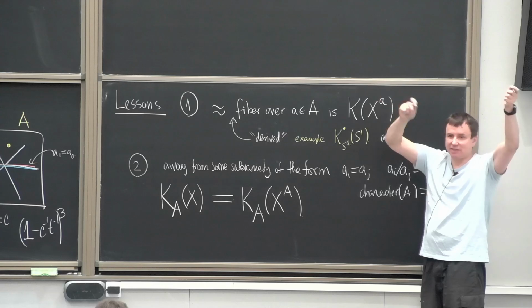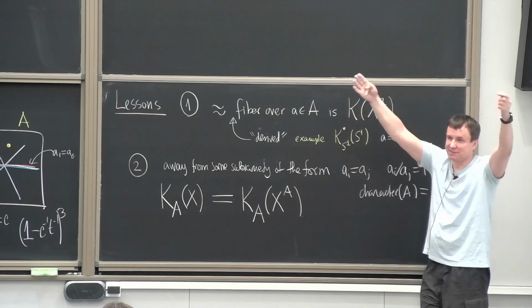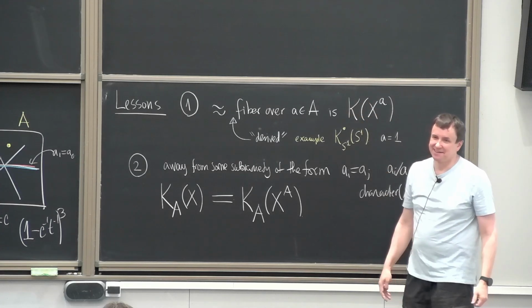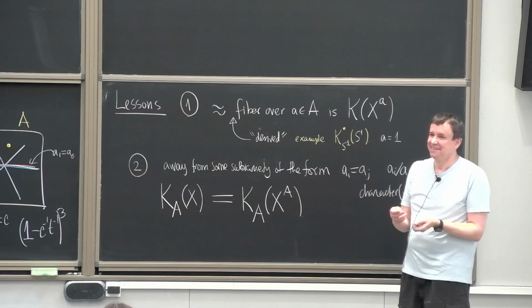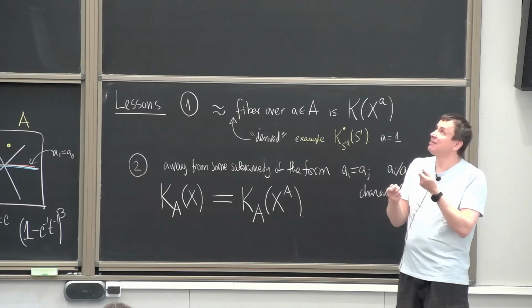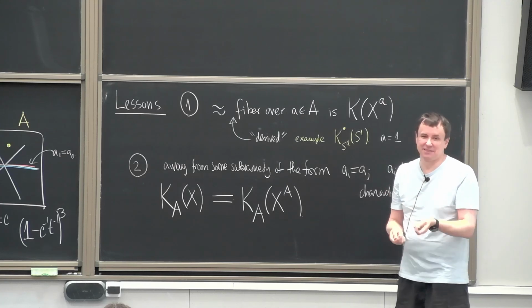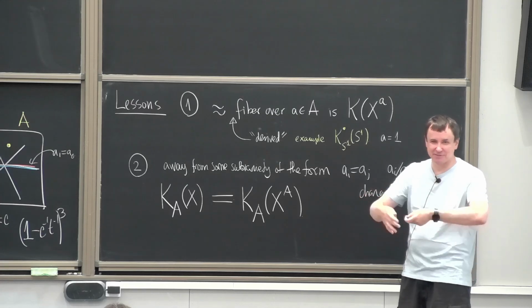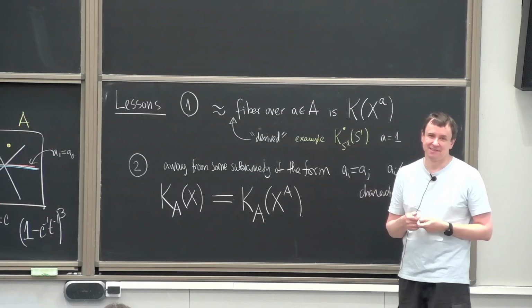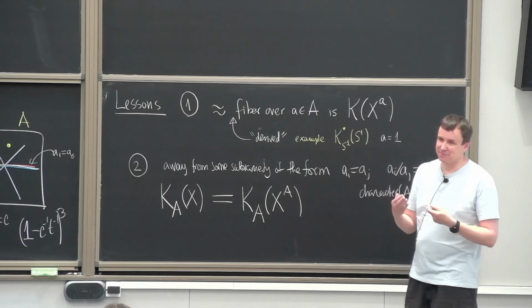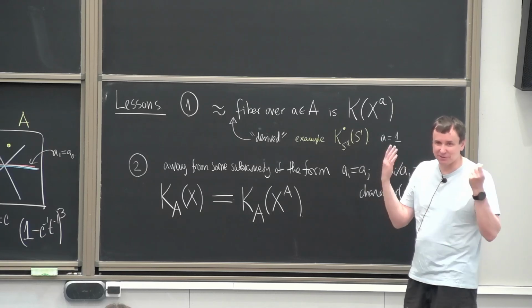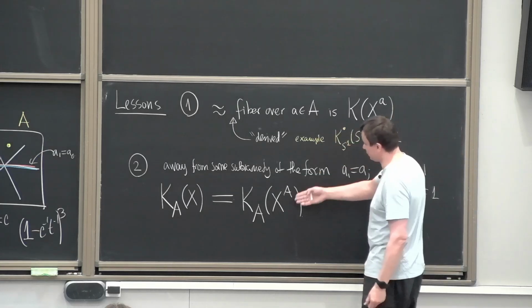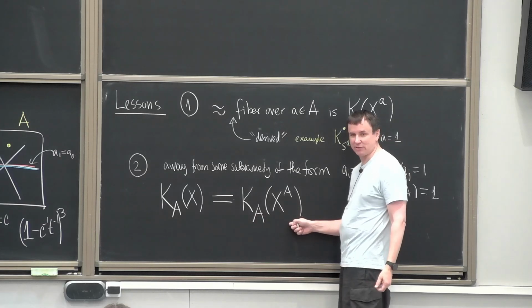All generic elements will have the same fixed locus, because having some point fixed is an algebraic equation. So there'll be only finitely many types of fixed loci. The generic one will have the fixed locus of the whole torus. And therefore the generic fiber is just the K-theory of the fixed locus.